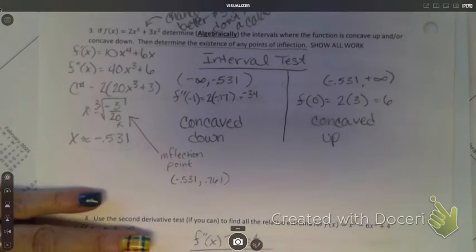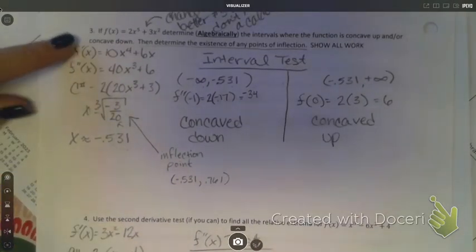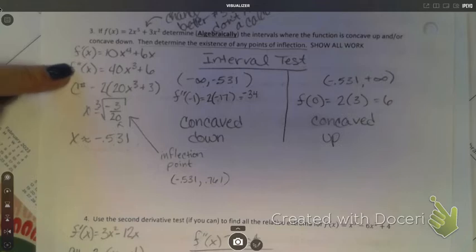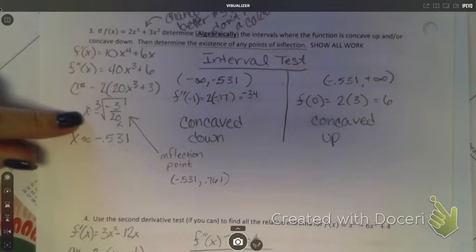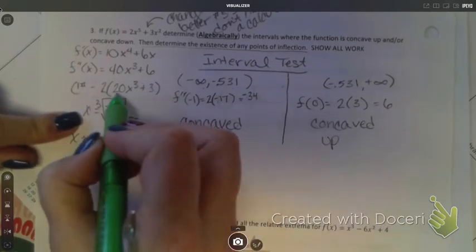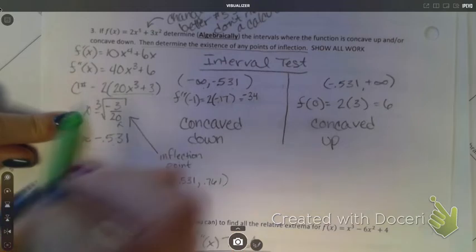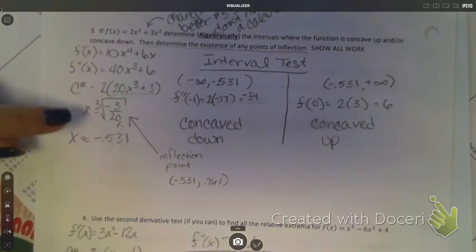Okay, actually, so you should have done the first and the second derivative. So x equals the cube root of -3 over 20. Because you would set this equal to 0. Yeah, I guess I did not do that.